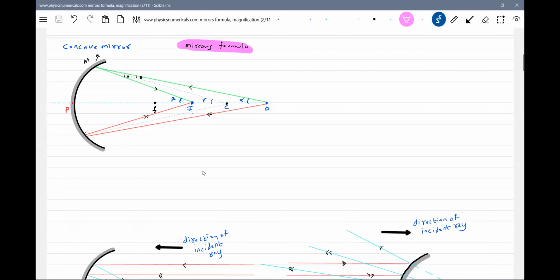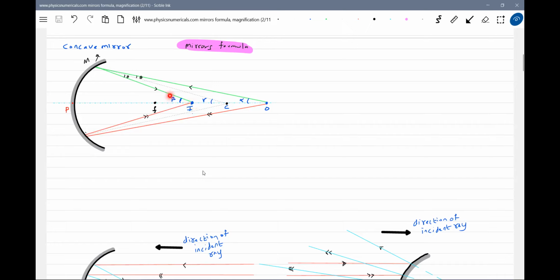For this I'll take help of this particular diagram. Here an object O is kept beyond C, and the image will be formed between F and C. There's an incident ray; it will propagate here, get reflected by the mirror, and meet the principal axis at I. Similarly, the incident ray will strike the lower part of the mirror, and after reflection will meet the principal axis at this point.